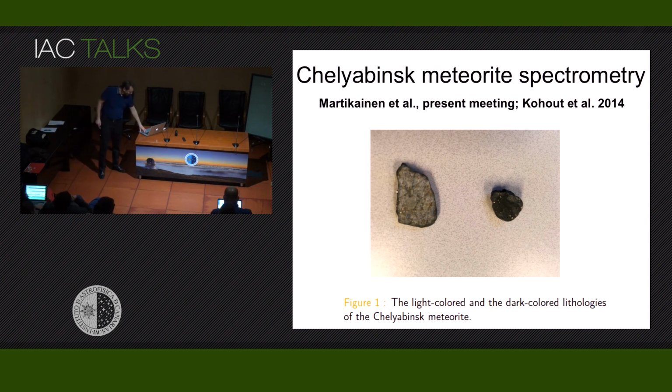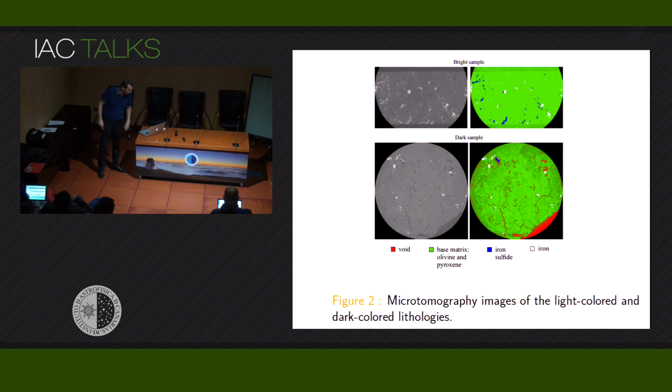Well, what I show you next may be a bit confusing, but don't worry, we will clarify this for next week. What you have for the bright sample is that your iron sulfide is in large sections. This is X-ray microtomography sectioning of these samples. In the bright sample, you have these iron sulfides in large clumps in the matrix.